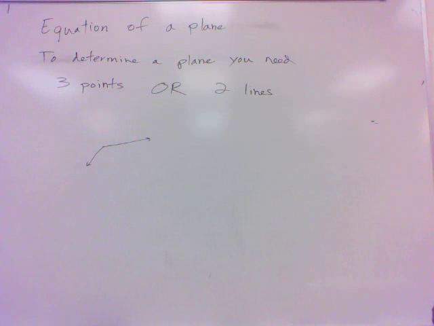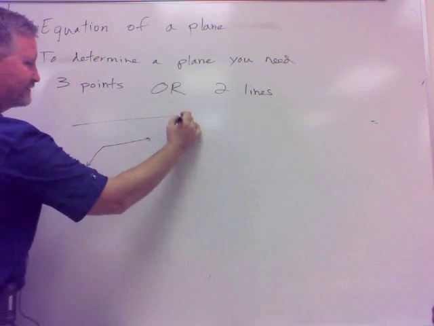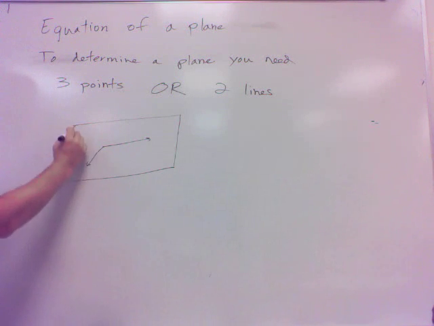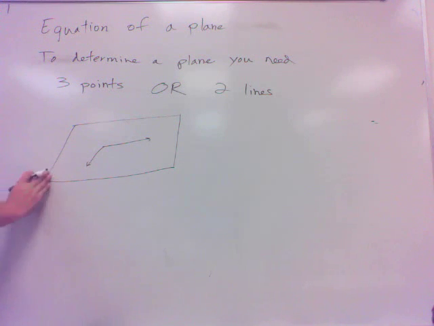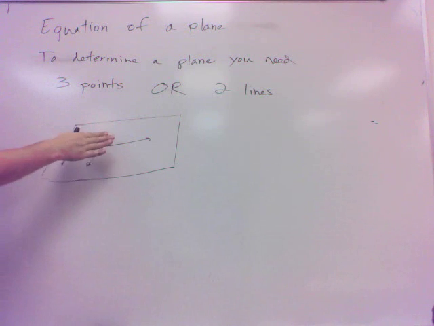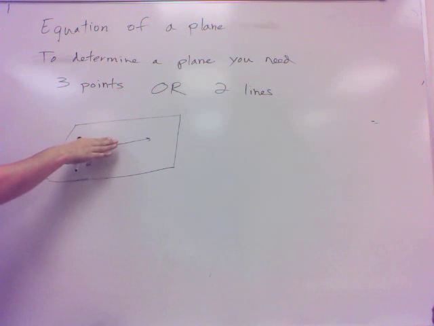So you've got a line here and then a line kind of like that. Well, that also determines your plane. Because for those two to lie in the plane, your plane has to contain those 2 lines. That also determines your plane.